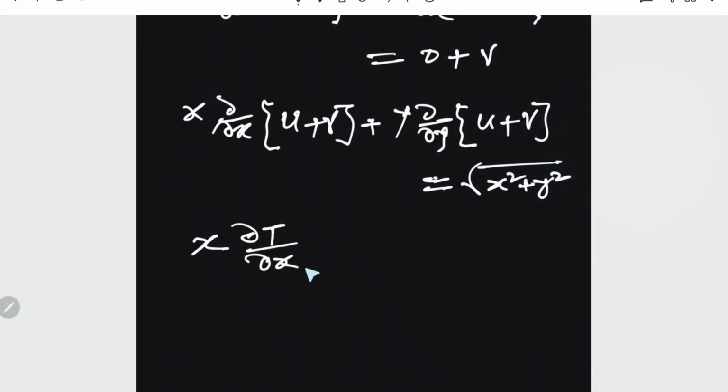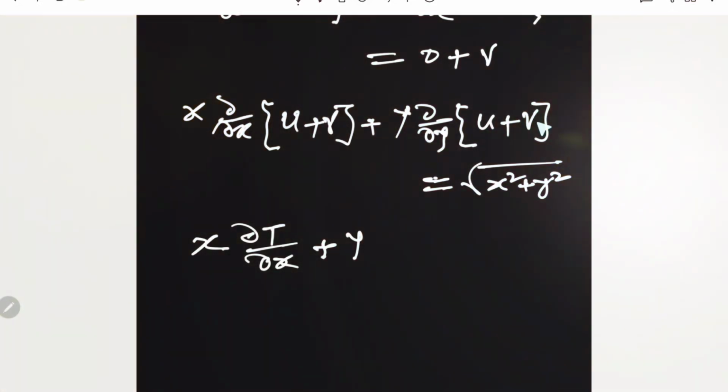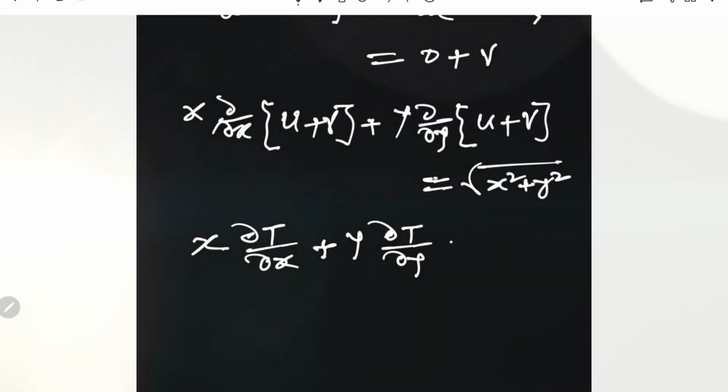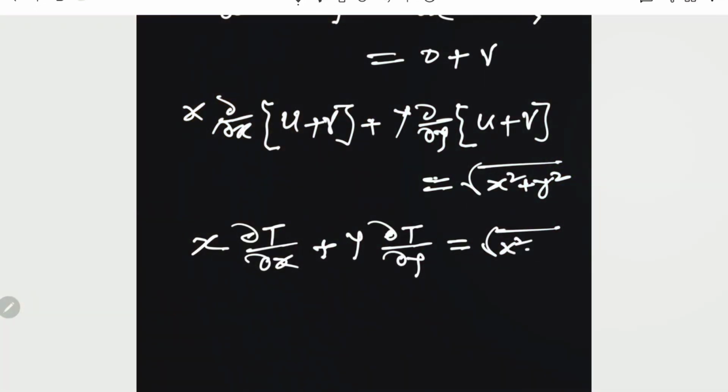Therefore, it is x dou t by dou x plus y, again u plus v, therefore it is dou t by dou y is equal to root of x square plus y square. That is the value.